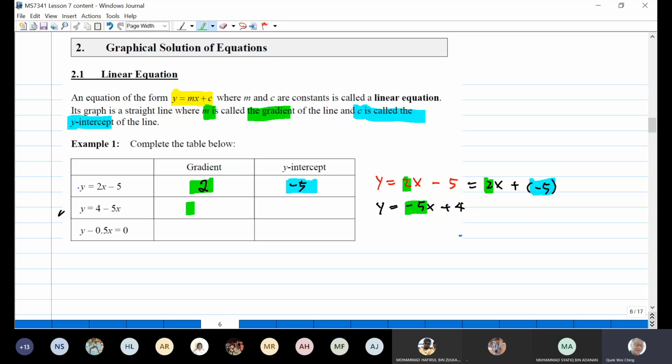So the gradient is minus 5 now. Then the one without x, alone, is called the Y-intercept. So the number 4 here is the Y-intercept.